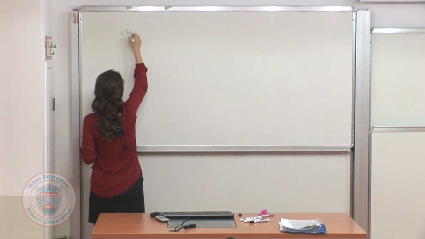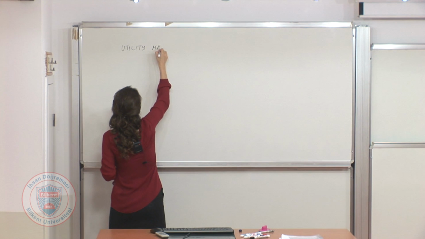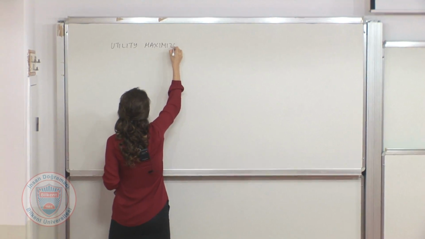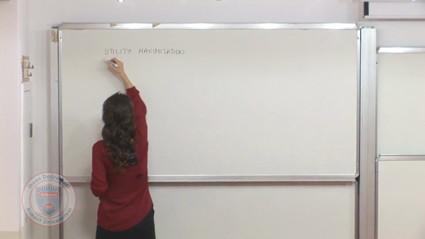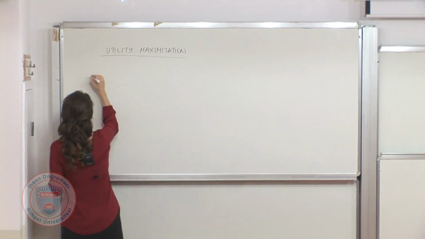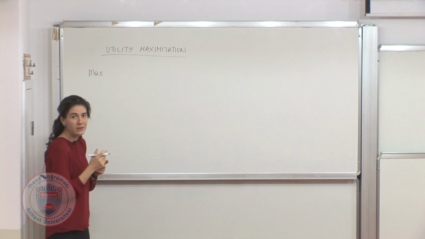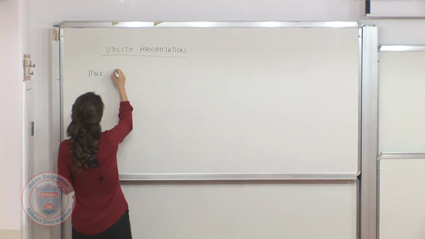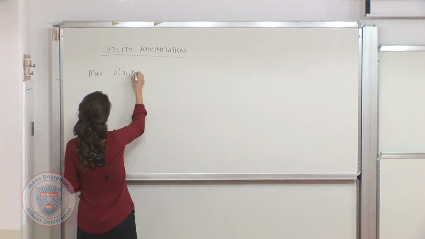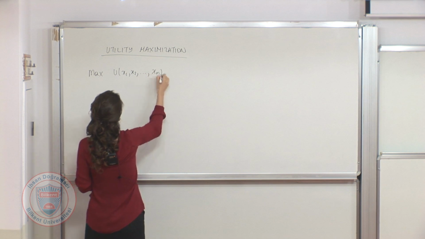So remember, we had the utility maximization problem, okay? And then remember we said consumer's objective is actually to maximize utility. So suppose we have the n good case, right?